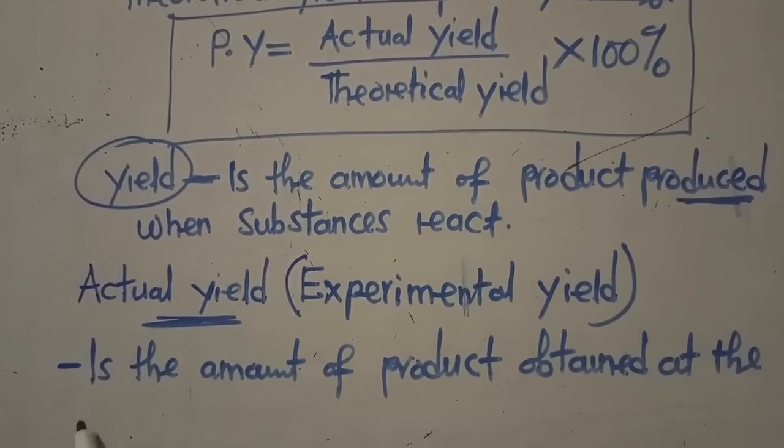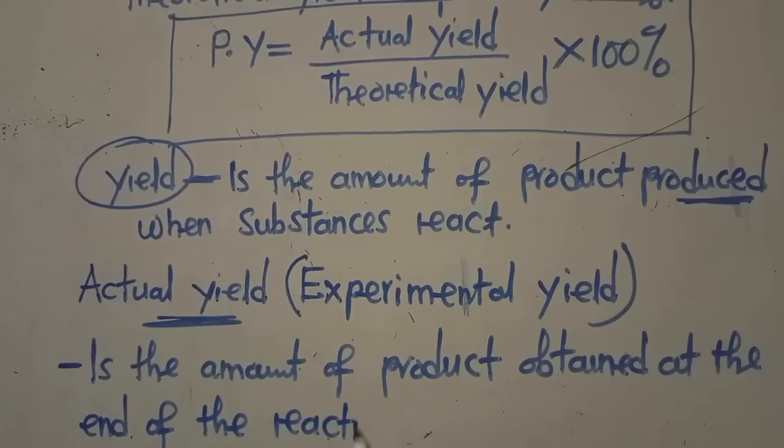At the end of the reaction. This is what you need to know. So the amount of product that is obtained at the end of the reaction is what I'm calling actual yield or experimental yield.